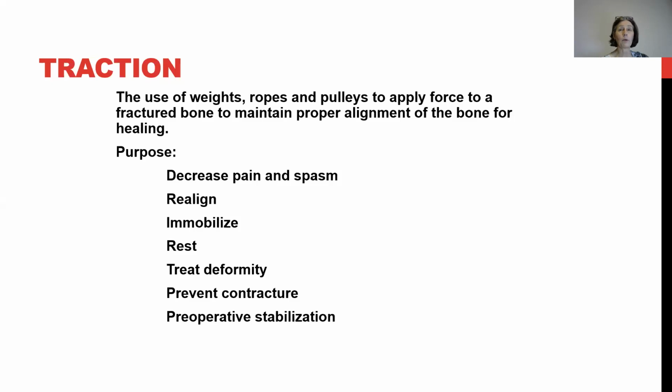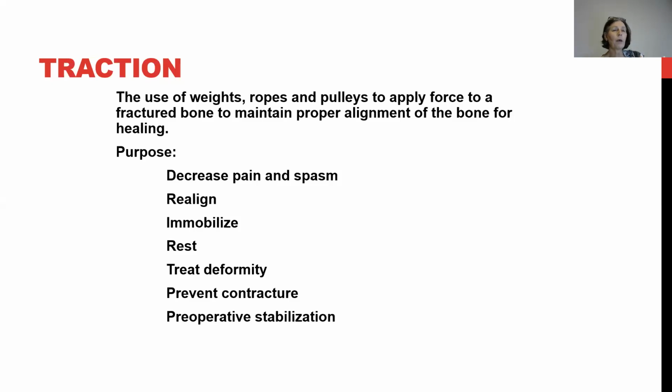We now try to get them immobilized in casts or braces, or have some kind of surgical intervention if we can. But the purpose of traction, because you do have to know it, is to decrease the pain and the spasm, because what we're doing is we're pulling the bone back into alignment and we're keeping it there. So that reduces the pain, because a lot of the pain from a fracture is from muscle spasm.